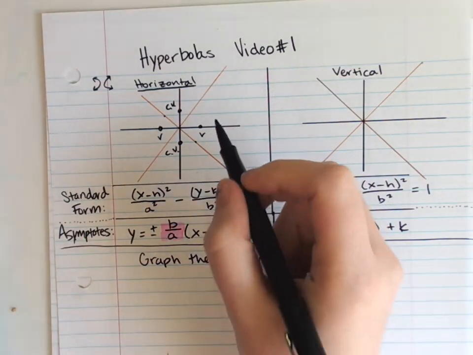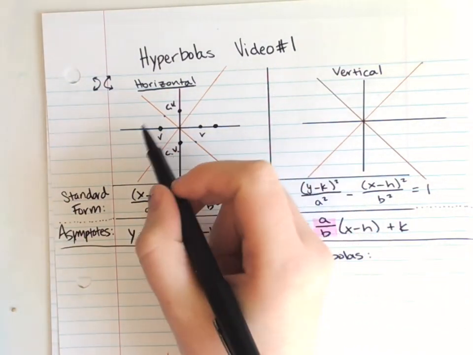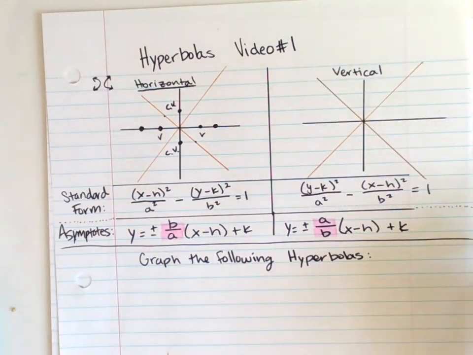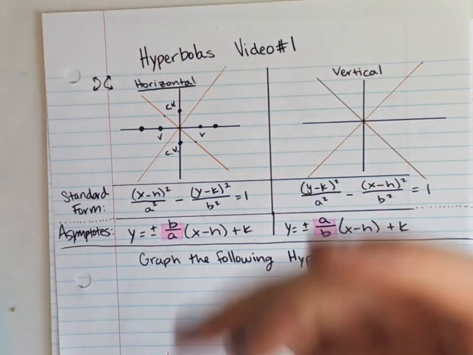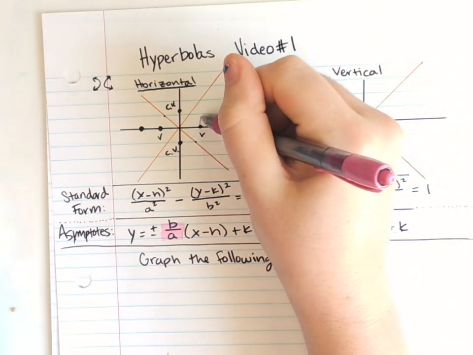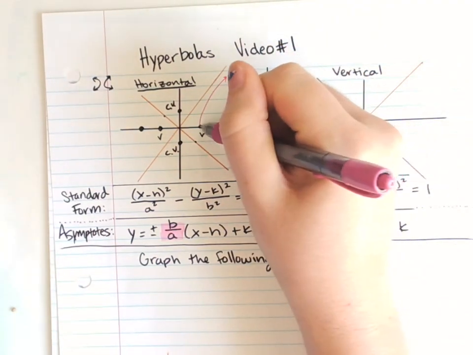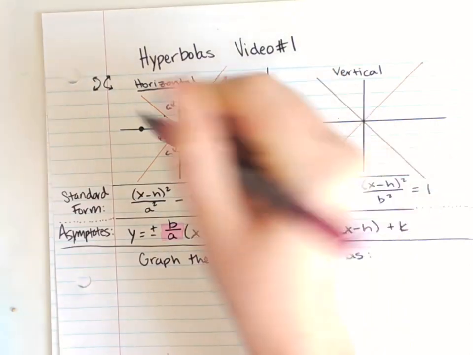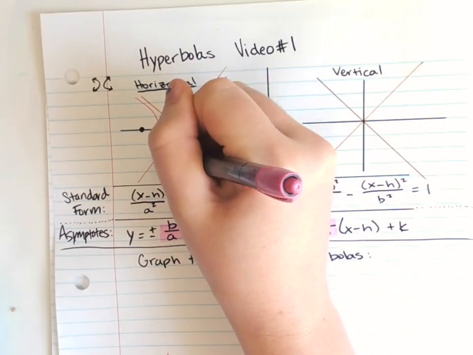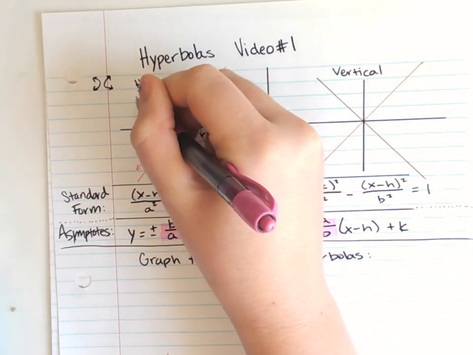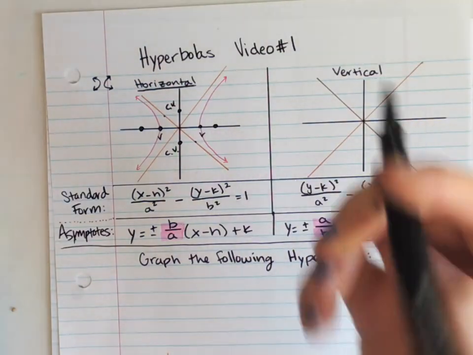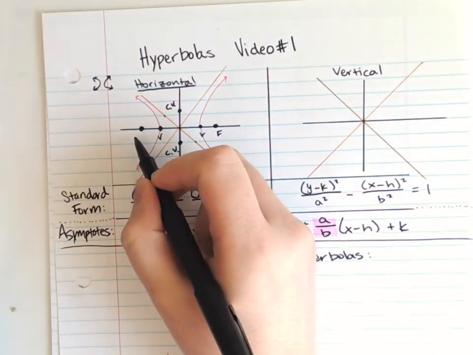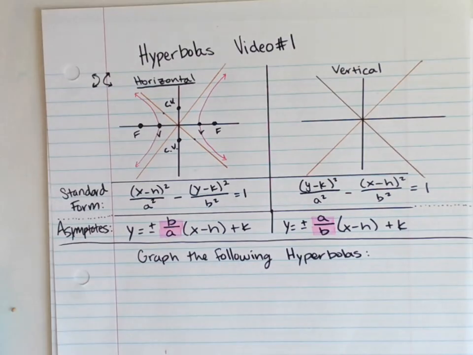Then our foci are going to tell us where the hyperbola opens. I'm going to mess up that word a lot during this video. So our foci is telling us which direction it is being pulled outwards.